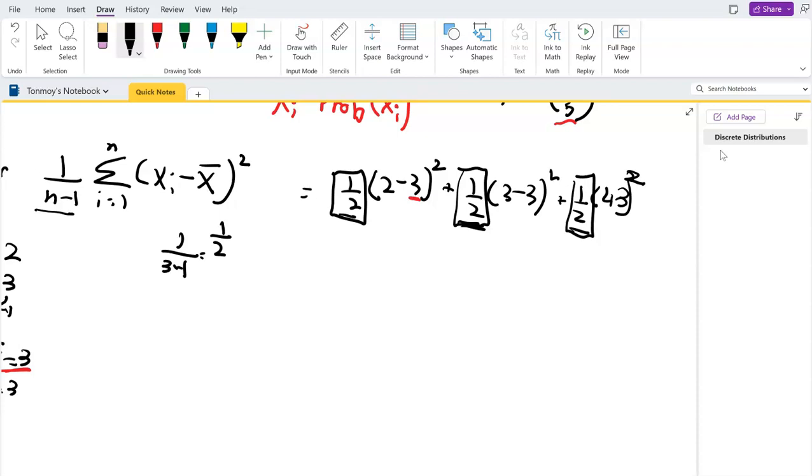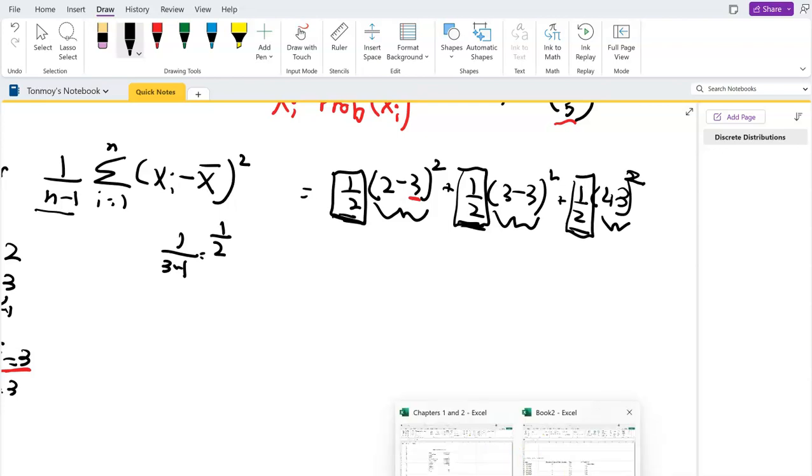But here we're doing the same thing. Think about this as weight or probability, and this is our deviation squared from each of our observations. Each of our observations or our sample is different, or deviant, from the mean. So this is what we will be doing in the case of variance and standard deviation.